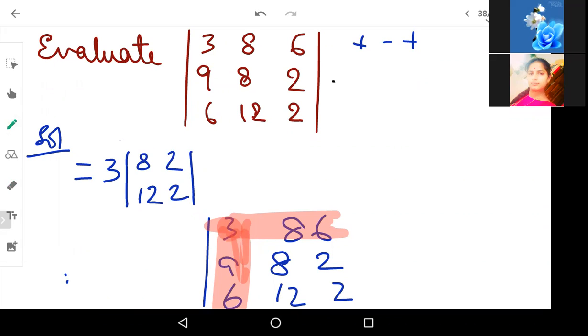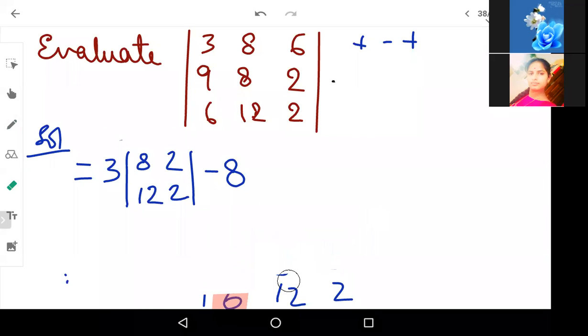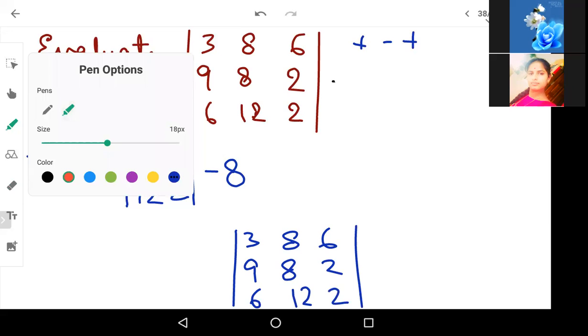Okay, next the positional sign is minus, and what is the number? Number is 8. Now, for the number 8, again let us write down the determinant. Now, why are we doing this exercise is because you will be familiar with how to consider the minor. If you are able to do it directly, well and good. But if you are getting confused, please follow this procedure. Okay.